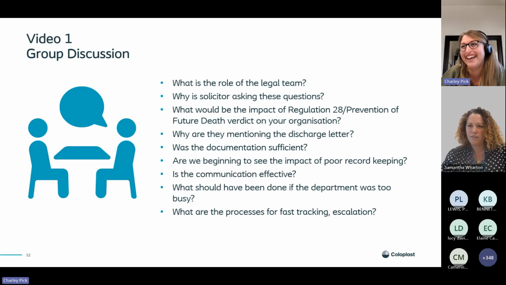I'll just have a quick little read through and then I'll bring some bits out of it. So one of the reasons as well that the legal team, it's their job to try and apportion, not the blame, because it's not a blame game, but put the responsibility with somebody else. And that is what the legal team for the care home was doing in asking about the discharge letter so early on.